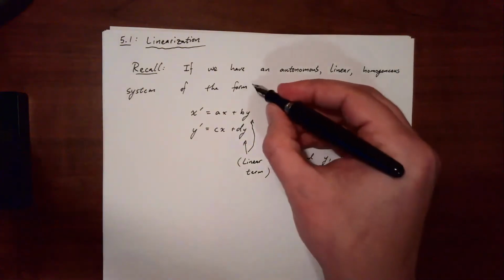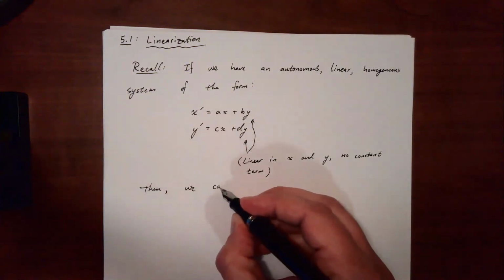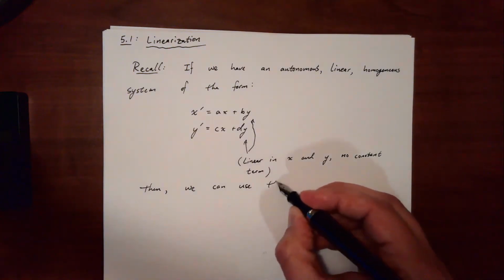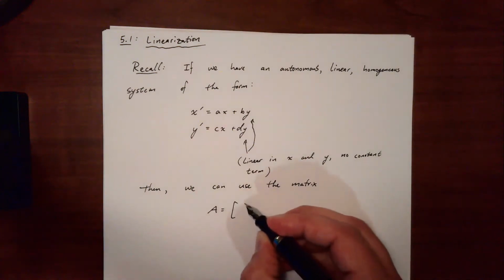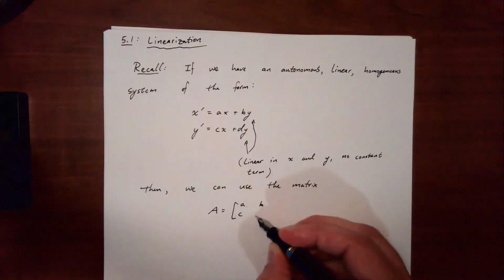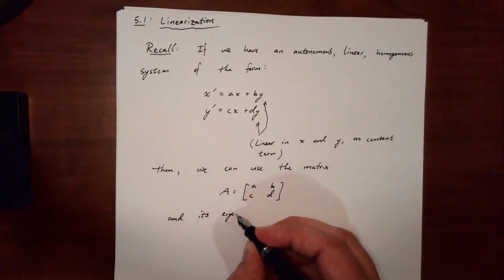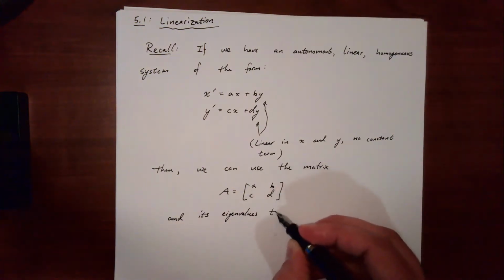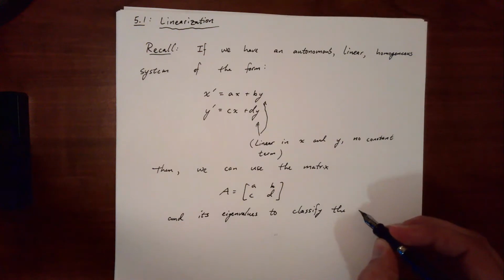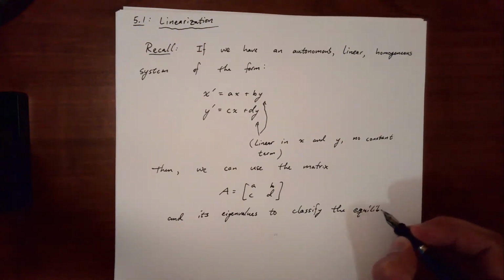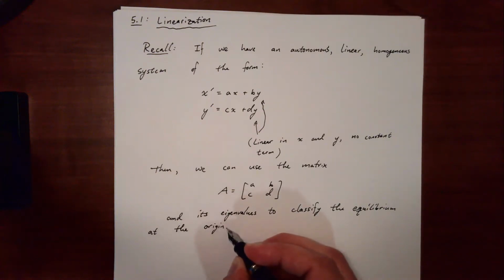So if we have a system of this form, then we can use the matrix A, which is made up of just these coefficients, a, b, c, and d, and its eigenvalues to classify the equilibrium at the origin.